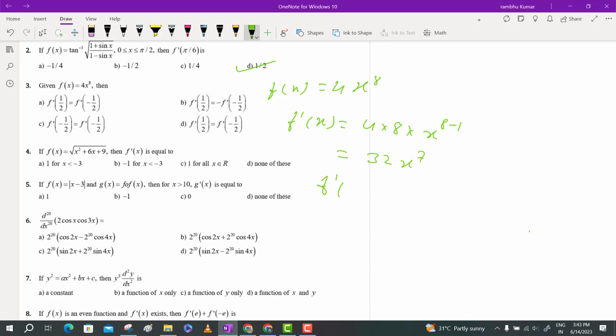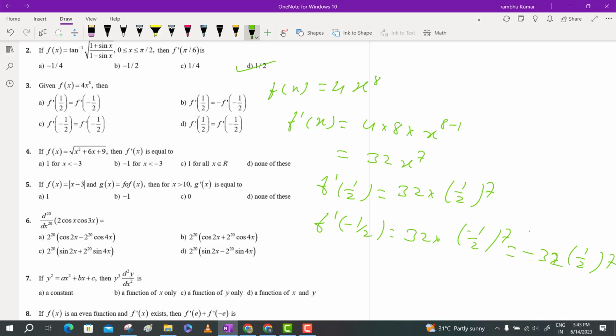Now f dash of 1 by 2 equals 32 into (1 by 2) to the power 7, right? And f dash of minus 1 by 2 equals 32 into (minus 1 by 2) to the power 7, which is equal to minus 32 into (1 by 2) to the power 7, correct?